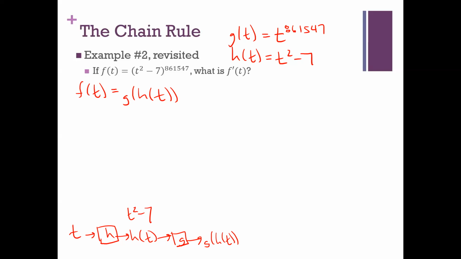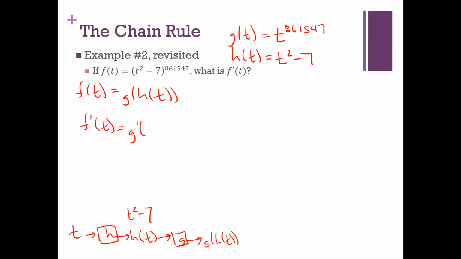So now what we can do here is differentiate this from the outside in. If I take the derivative of this entire function, I'm going to take the derivative of the outermost function, which we call g. But the way these functions are composed together, what is the input to function g?